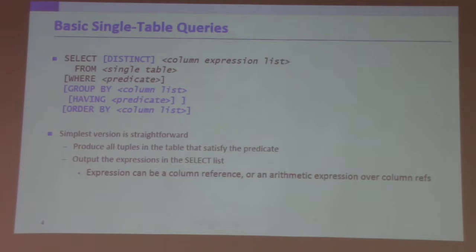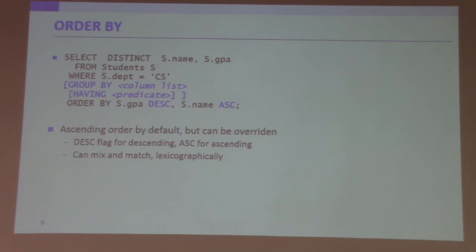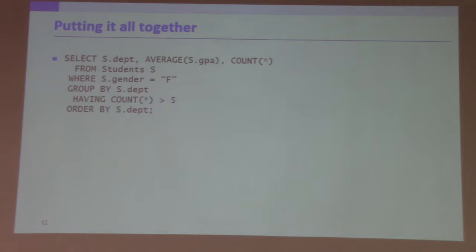So this is just a recap of what we have. I'm going to go through this really quickly, because I assume that you know SQL basics really well by now. So you can construct these different operators and put them all together to get a query like this.